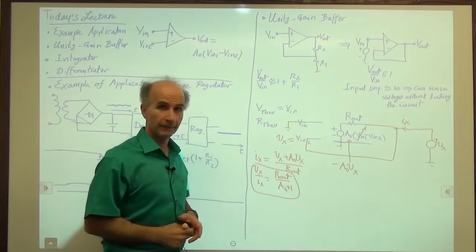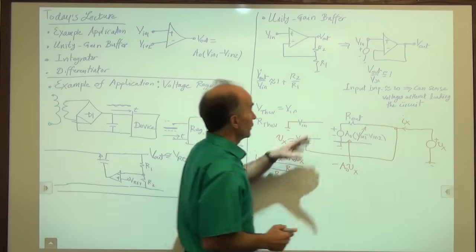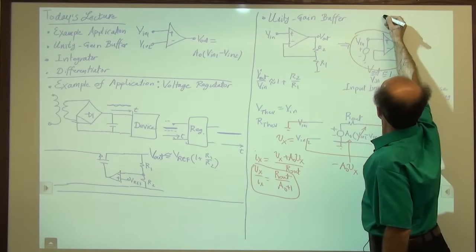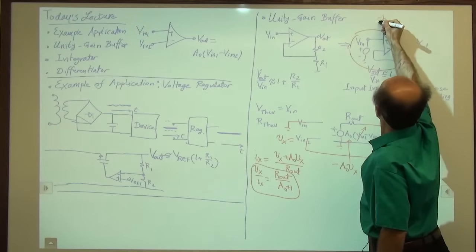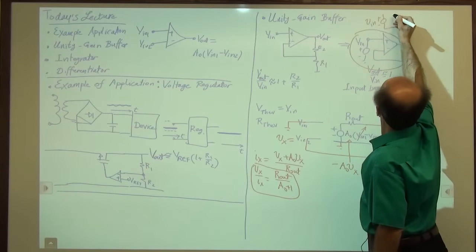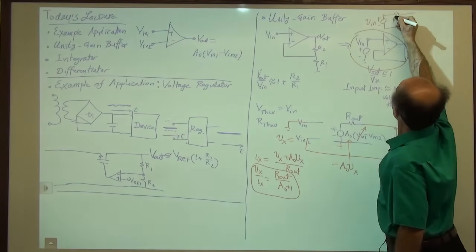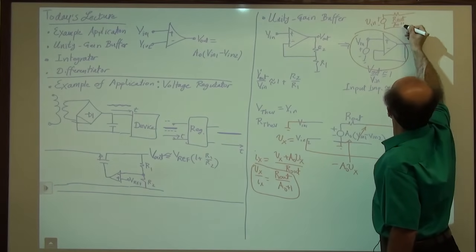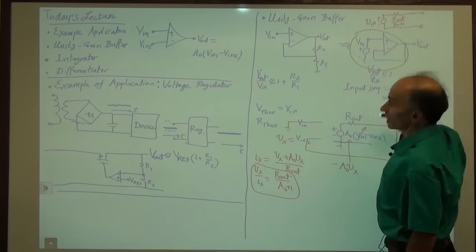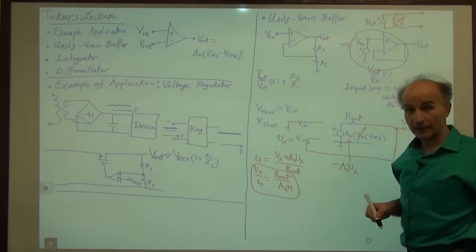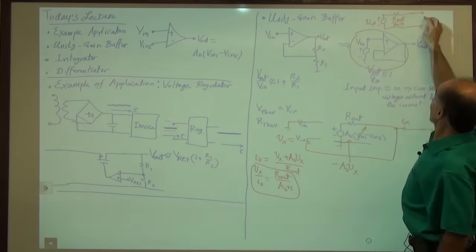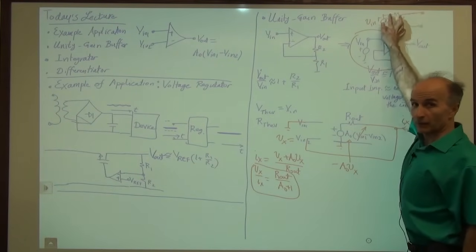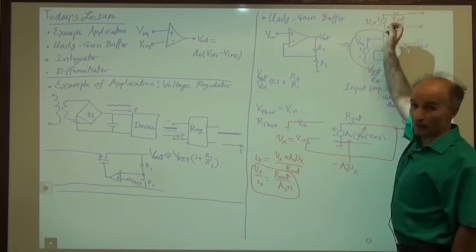In other words, if I were to construct a Thevenin equivalent for this whole thing, it will look like this: V in, R out over A0 plus 1, and then going to the outside world. So now you can see that even though I may connect this to, let's say, 10 ohms, I have very little attenuation from here to here because this resistance is extremely small.